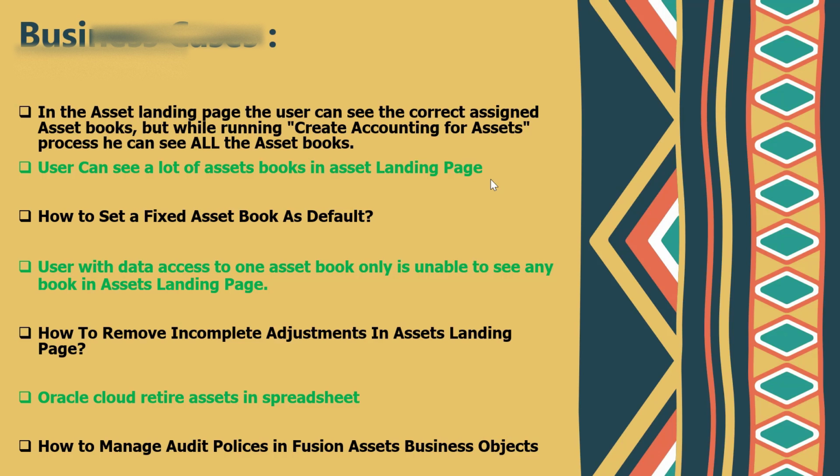But in your business case, you can track any other attributes. We will see all of the other attributes in a moment, but this is our business case here, how to manage audit policies in Oracle Cloud Assets.